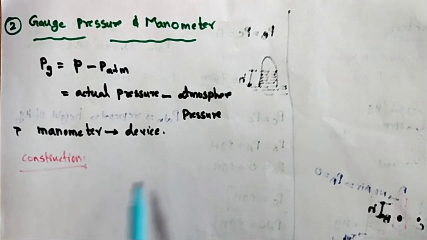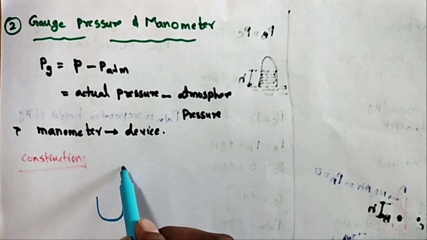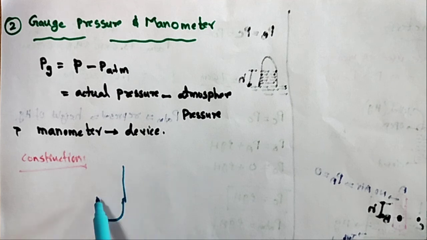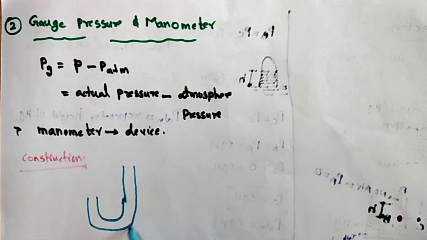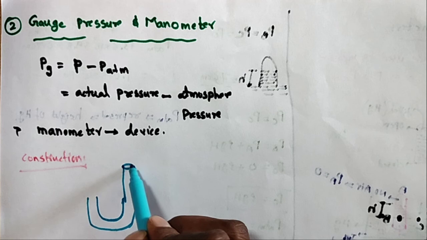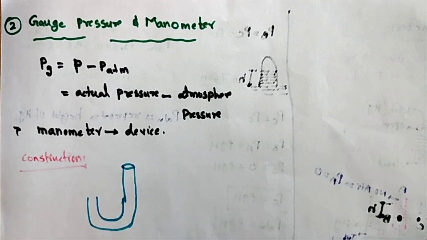Here is the construction. This manometer is a U-tube, a U-shaped glass tube, like this. Okay, this is a manometer.